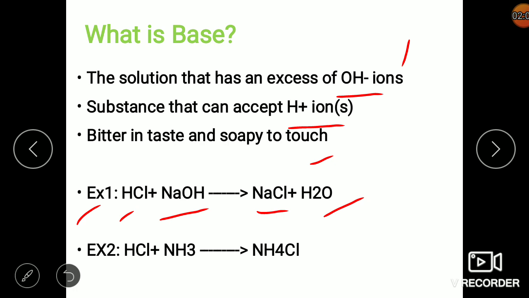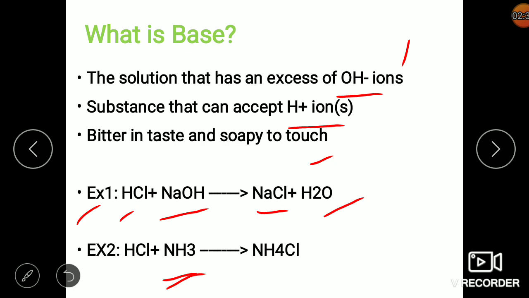In the second reaction you see HCl, again the acid is being treated with ammonia, but here what ammonia is doing, NH3 ammonia is accepting the H plus ion, forming NH4 plus, and the counterpart Cl minus also being added here. So in the second case ammonia does not have any OH minus ion, but still it is base because it is accepting one proton.